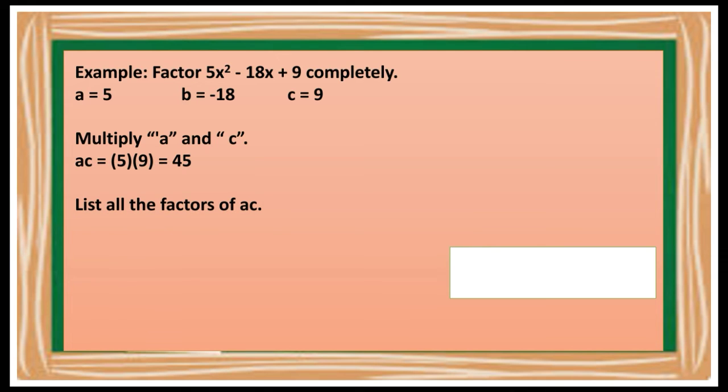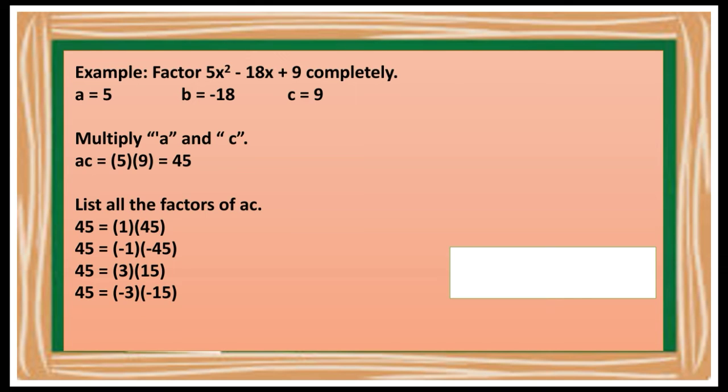Next, you have to list down the factors of 45, and that could be 1 times 45, or negative 1 times negative 45. You can also have 3 and 15, or negative 3 and negative 15, or 5 times 9, and lastly negative 5 and negative 9. Now these are the factors of 45.